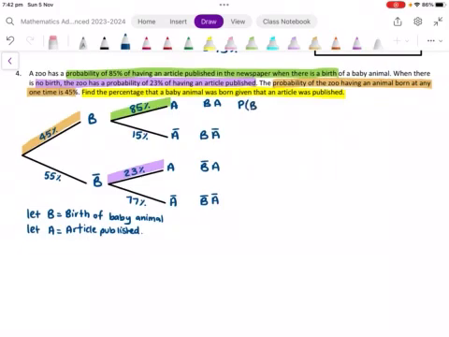So the probability of baby animal and an article is equal to 45% times 85%. So that is 45 over 100 times 85 over 100 times by 100 altogether, which is equal to 38.25%. The probability of a baby animal being born and no article being published is 45% times 15%, which is 6.75%.